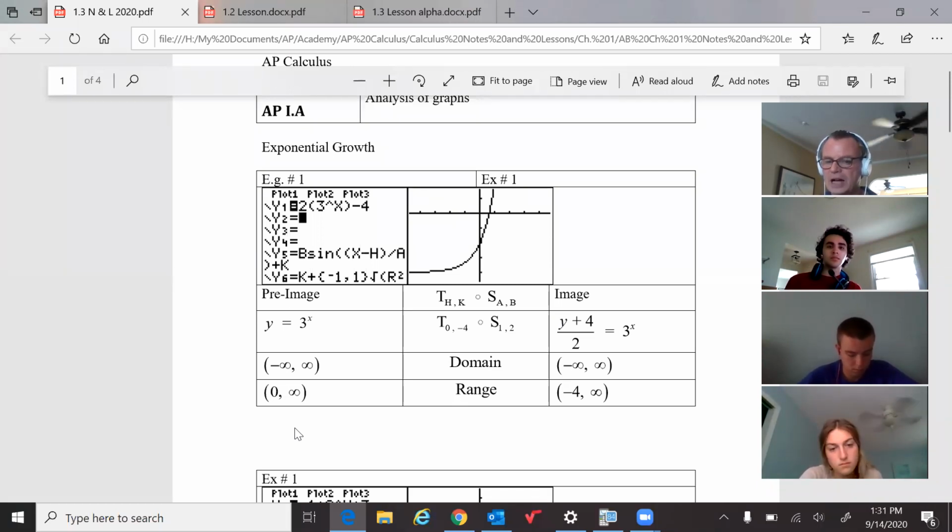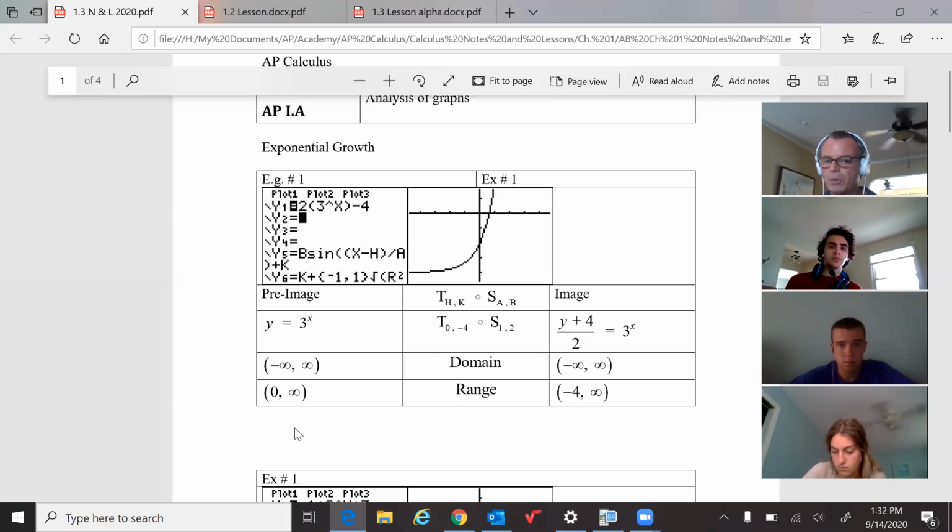Because this graph can't possibly have a height of 0, because you can't raise 3 to any power and get a 0. If you raise 3 to the 0 power, you get a 1. If you raise it to a value higher than 1, you get a number bigger than 3.